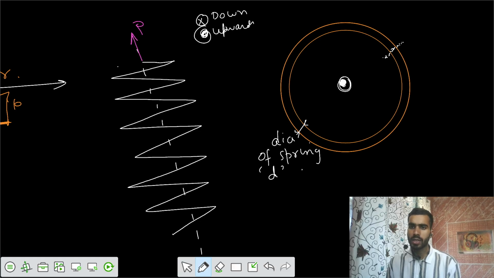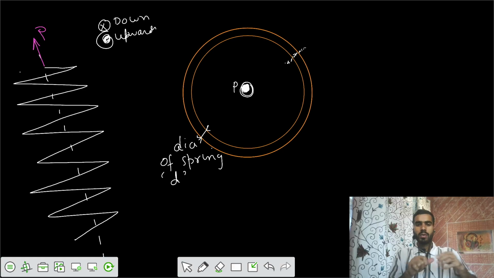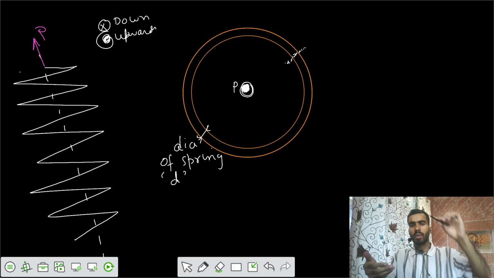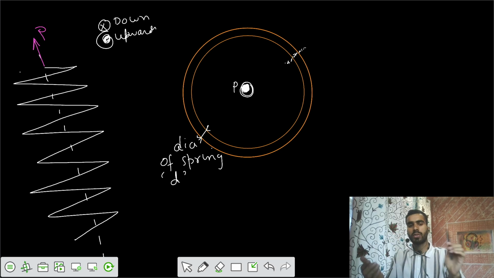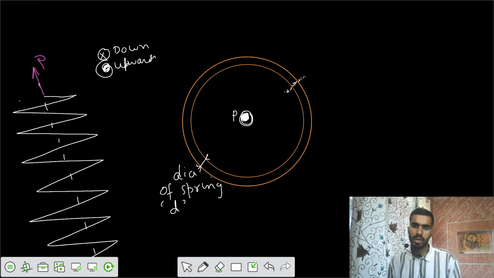Somewhere you cut any section. I would say this load P is trying to have a rotation about that section in the clockwise direction. So it's trying to rotate about that same section in the clockwise direction.